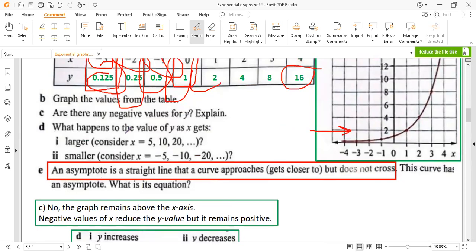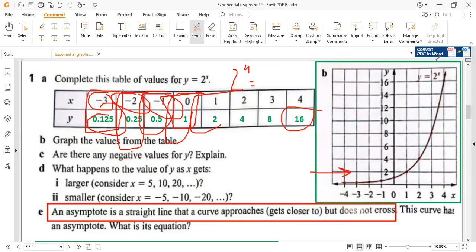Let's continue. They ask us what happens to the value of y as x gets larger. It is very easy to say that when x gets larger, y gets larger also. When x gets smaller, in this direction, we find that the value of y decreases and gets closer to the x-axis.